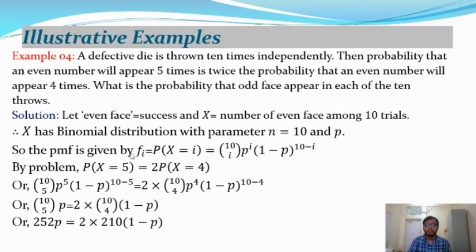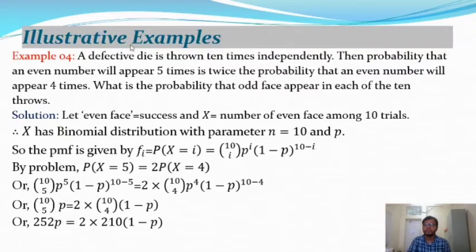So the probability mass function in a binomial distribution is f(i) is equal to probability of x is equal to i, and this is equal to 10ci into p to the power i into 1 minus p whole to the power 10 minus i. So by the problem, probability of x is equal to 5 is equal to 2 into probability of x is equal to 4, that is, the probability that an even number will appear 5 times is twice the probability that an even number will appear 4 times.